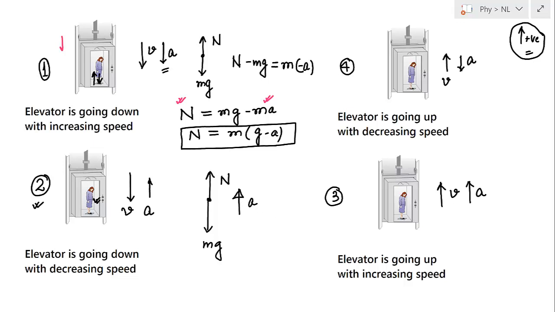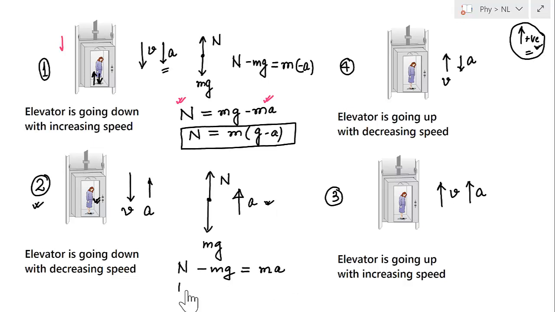So now I can write the equation of motion: N is positive, mg is negative because it is in the downward direction, equals mass times acceleration. Acceleration is upward, and we have assumed that the upward direction is the positive direction, that is my sign convention for this problem.